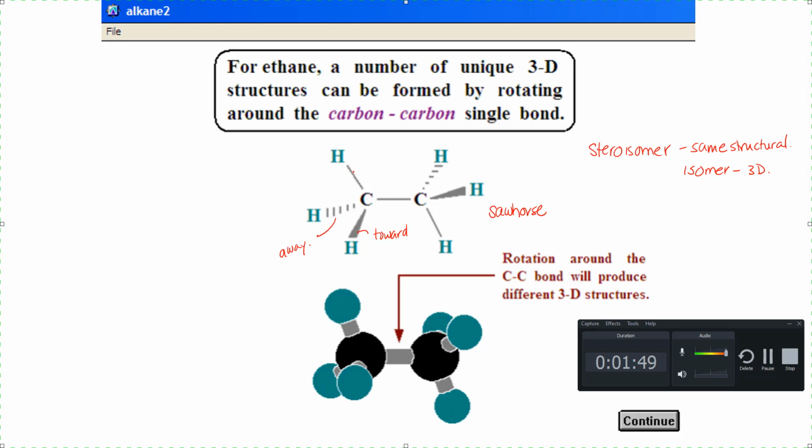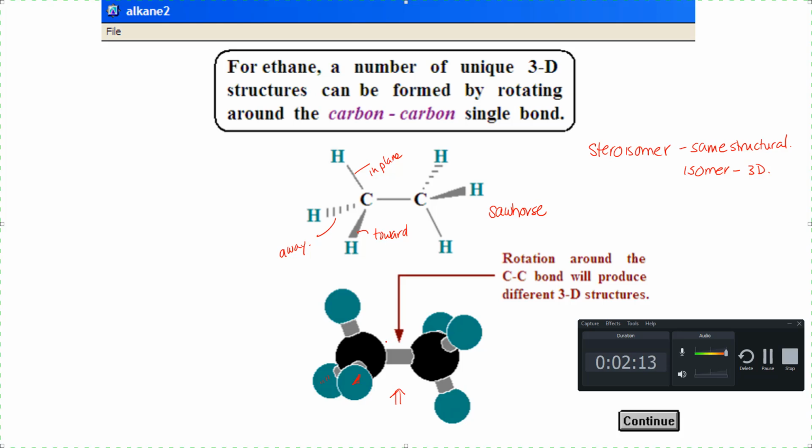The positions on the regular bonds are in the plane of the paper or the plane of the screen. So this sawhorse representation would look like this molecule with the position towards you being the bold wedge, and positions away from you being the dashed wedge.